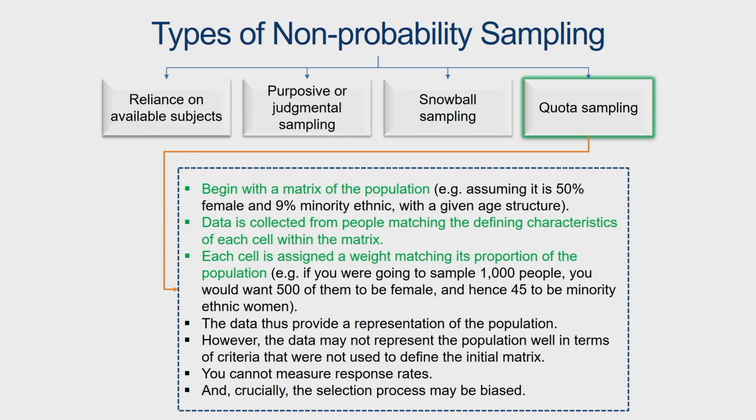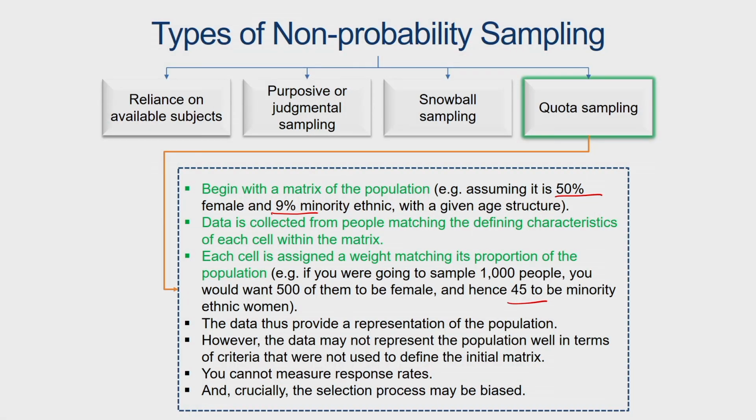So, for example, if you are going to sample 1000 people, you would want 500 to be female, because you are talking about 50% female here. You will have 45 minority ethnic women, because you have already identified 9% minority ethnic. So, the data thus provide a representation of the population, because you know that in this population 50% are women, 9% are minority ethnic.